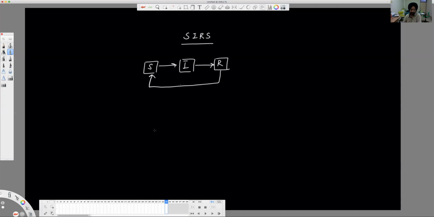It does happen. So if you model it in that way, now the problem with this model is there's no unique solution of either ds by dt. So you can write now, this is your beta, this is your gamma, this is your delta. So your ds by dt is minus beta sx plus delta r. Let's say this is r, this is x, this is s.